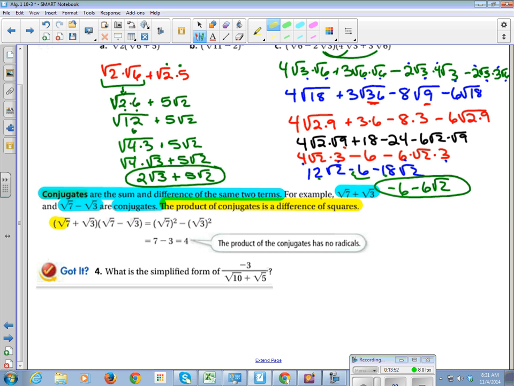For example, when I multiply my square root of 7 plus square root of 3 times square root of 7 minus the square root of 3, it's the difference of squares that we did previously. So that's equal to square root of 7 squared minus square root of 3 squared, which is just 7 minus 3. And what I like is that the product of conjugates has no radicals.